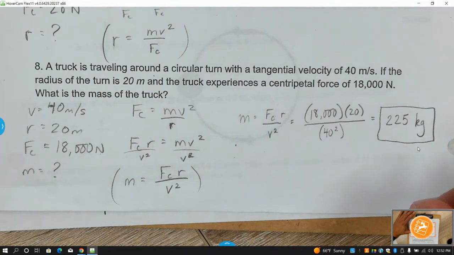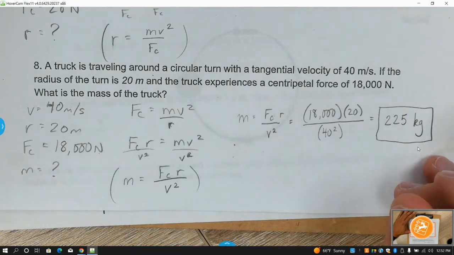The unit for mass has not changed since we've been using it. It is the kilogram. So that is the review piece for the homework from yesterday.